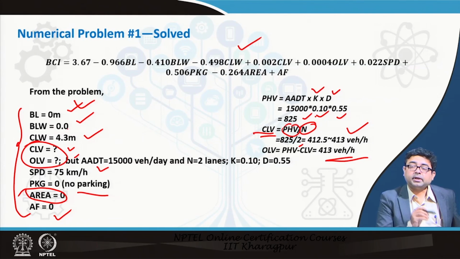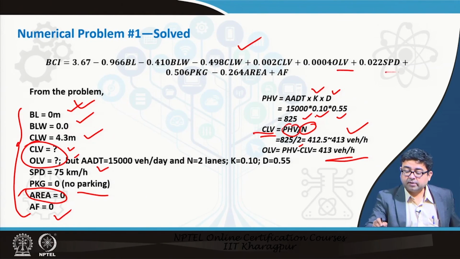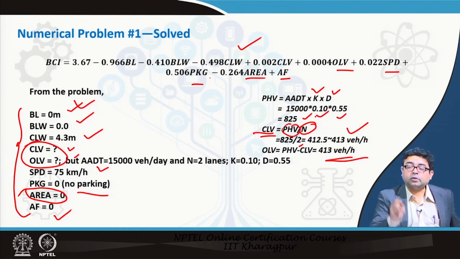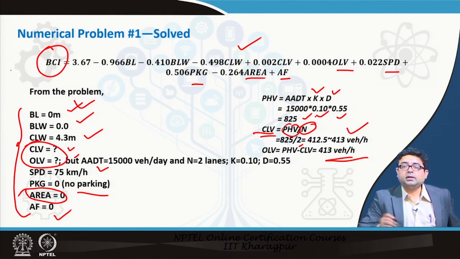That will help in improving the compatibility index and the bicycle level of service. These factors allow the urban local bodies to know which improvement measure they have to bring in to impact the BCI and furthermore the BLOS.